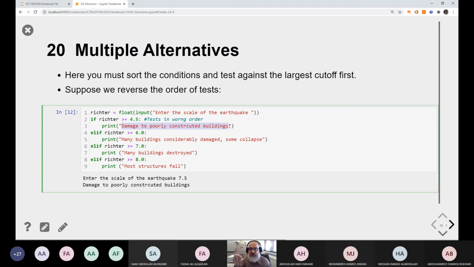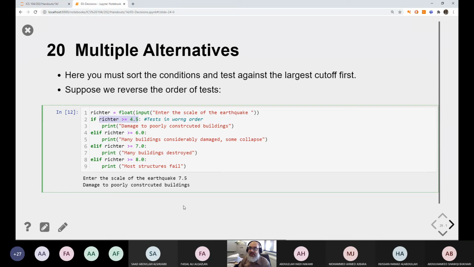Right, let me ask you another question before I take your question. Is there any way that I can come and print this statement, or this statement, or this statement? No. I will never, because for the condition greater than or equal to 8, it's already greater than or equal to 4.5.